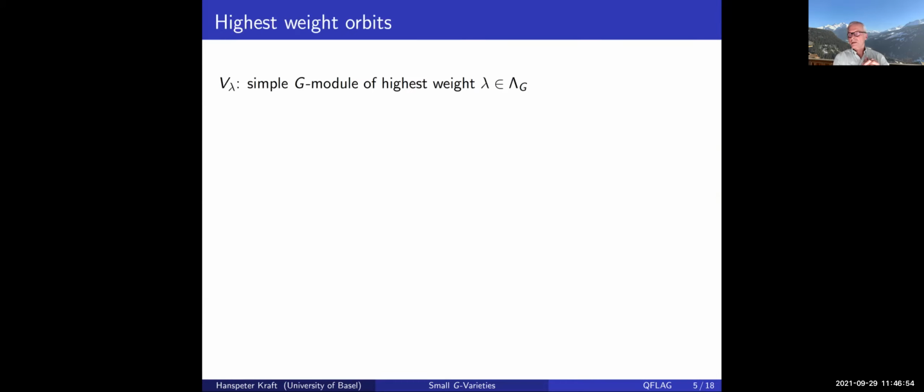So let's discuss these highest weight orbits. This is also quite an old story. It goes back to work of Popov and Vinberg long ago. So let me denote by V index lambda a simple G-module of highest weight lambda. Then the highest weight orbit I will denote by O lambda. So you take a highest weight vector and take its G-orbit.